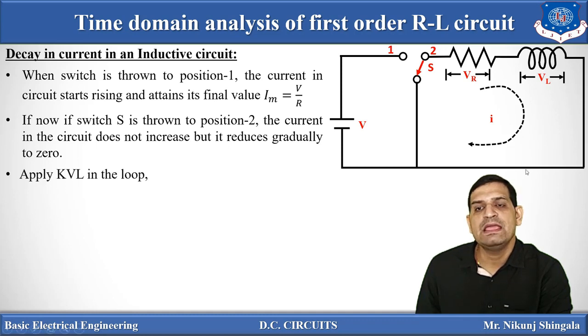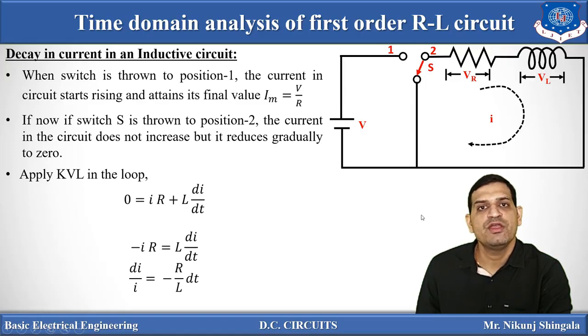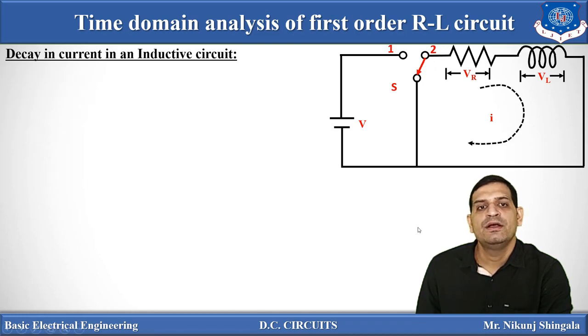Now if we apply KVL in this loop, we get 0 = IR + L di/dt. So we can write −IR = L di/dt. Using the variable separable method, we can write di/I = −(R/L) dt.